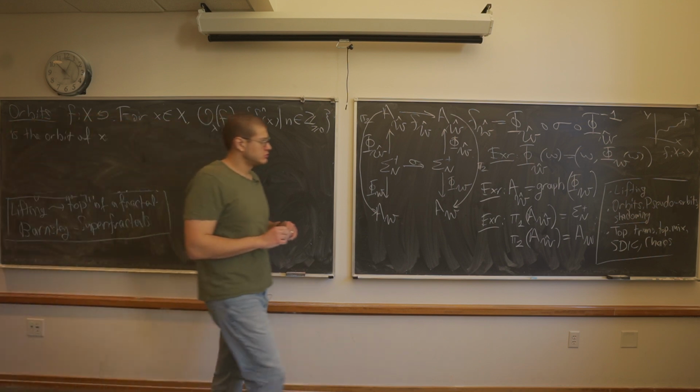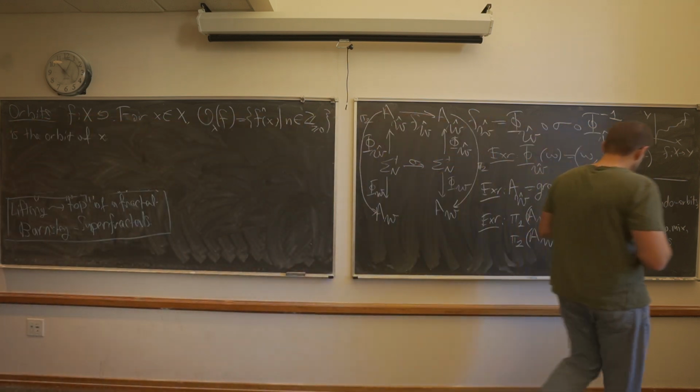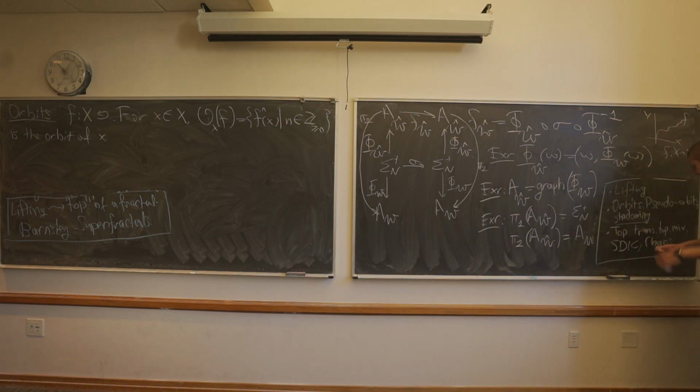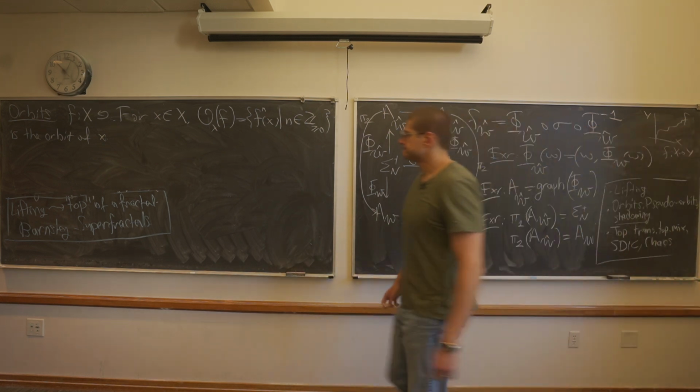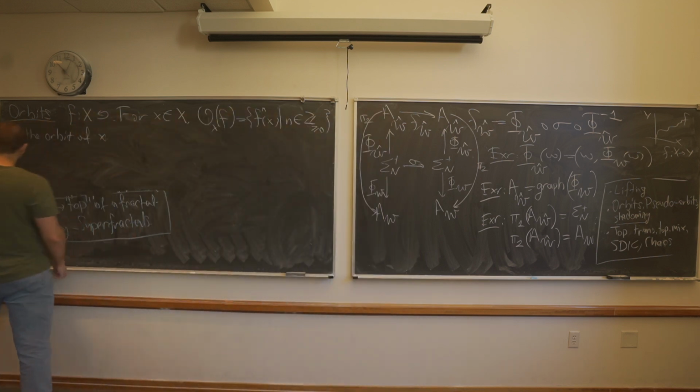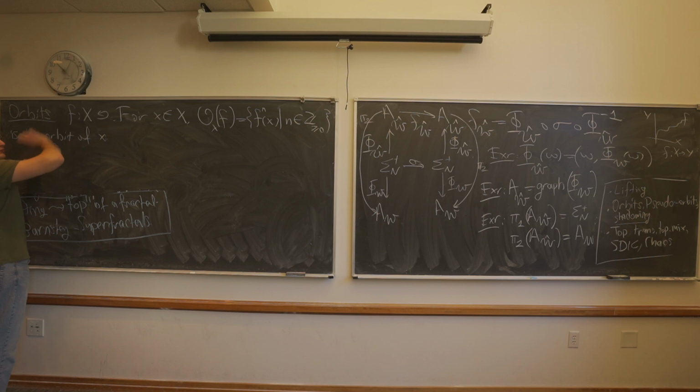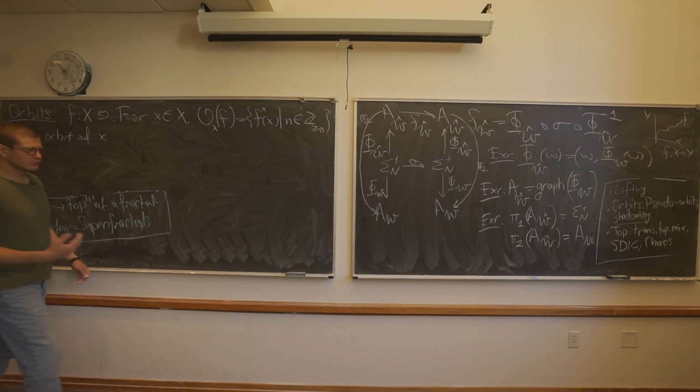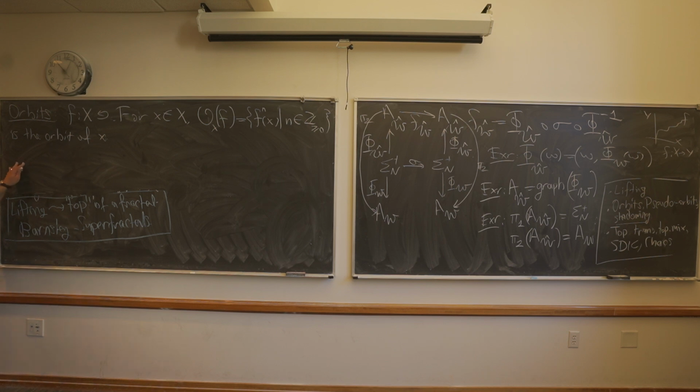So, let's first define topological transitivity. You see, for the orbit property, I don't need to assume any sort of structure on X. But for this next definition, I do need to assume something. You can do this more generally, but I'm just going to take X to be a metric space.